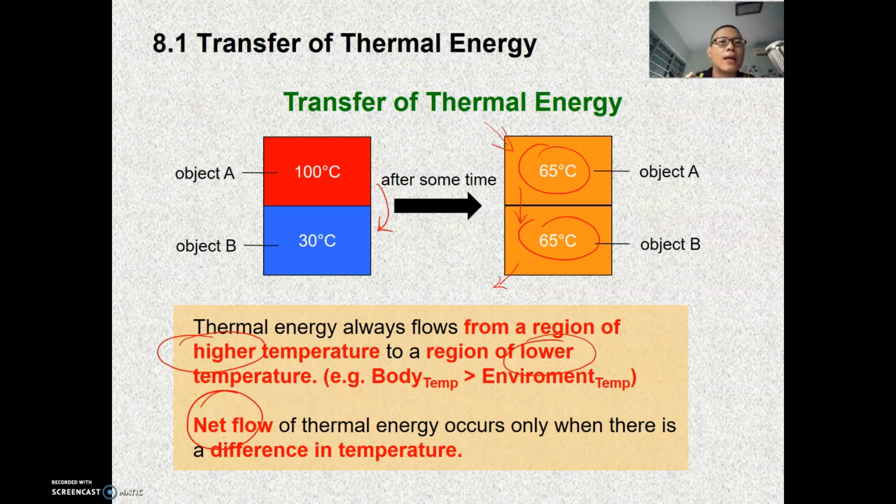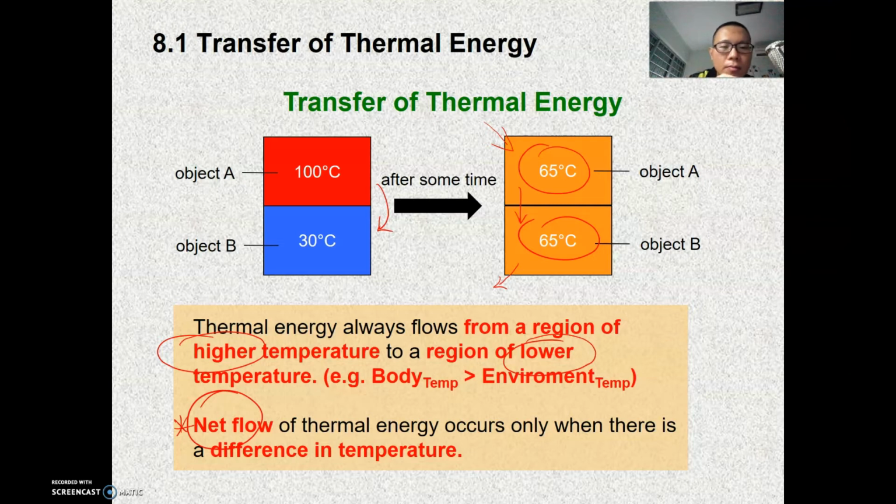The only thing that happens when the objects reach thermal equilibrium is that the net flow between the objects is zero. That's what we mean by thermal equilibrium, whereby the difference in temperature is zero, which means the net flow of thermal energy between objects will be zero.